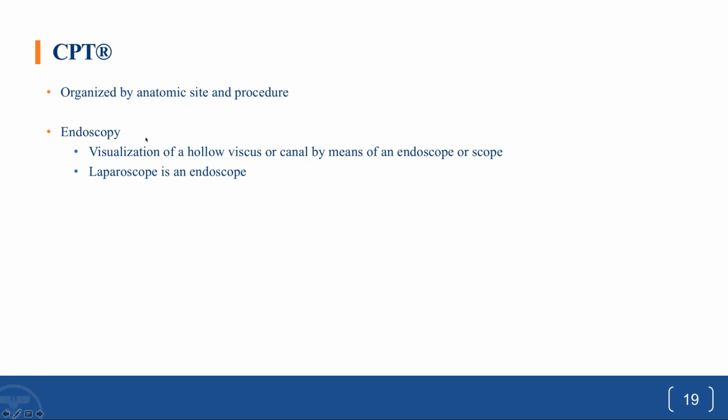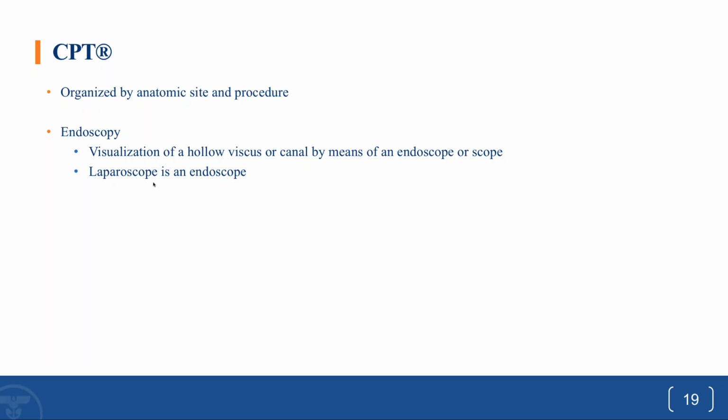Okay. Endoscopy. This endoscopy, scopy means to view, right? So you're visualizing. Okay. So usually with the digestive system, you'll see here on the second bullet point, it says laparoscope. With the digestive system, because I'm talking CPT now, it is important in this particular chapter that you understand that there are procedures that are performed open and then laparoscopically.